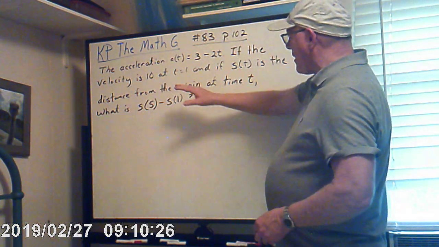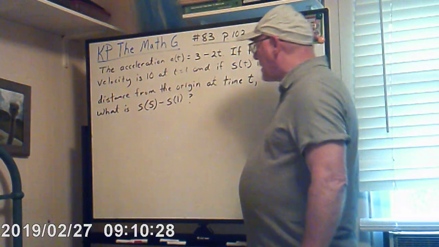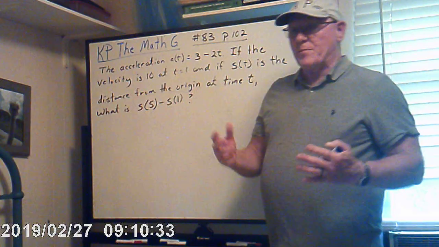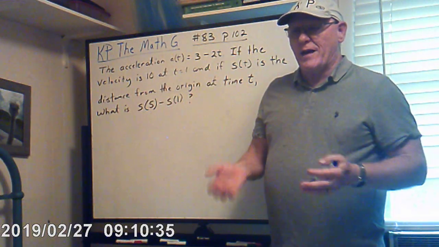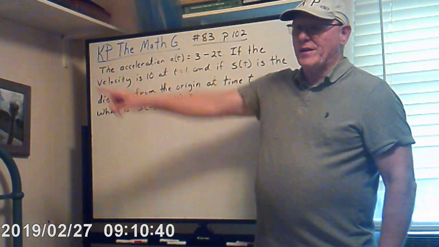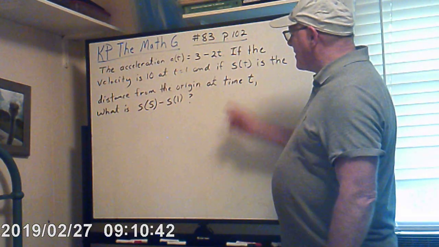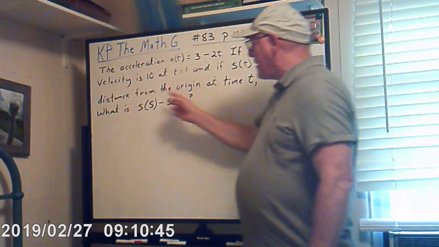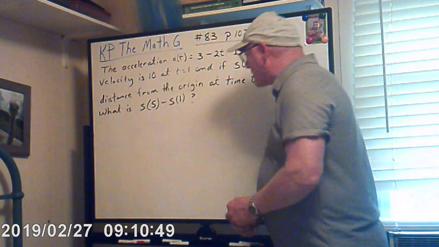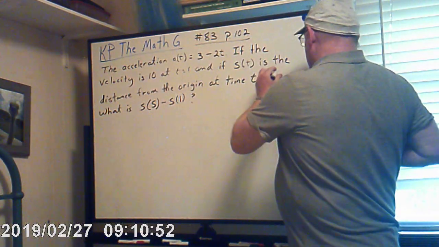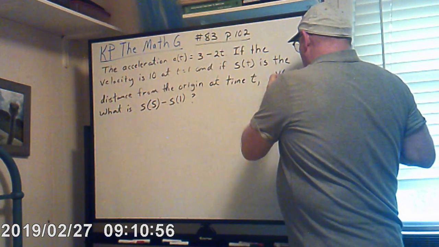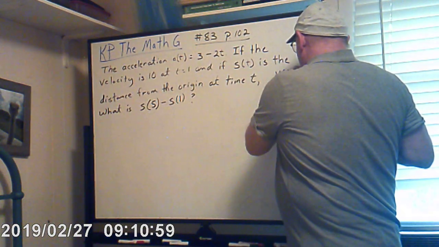It says the acceleration a at t is equal to 3 minus 2t. This is no doubt uniform motion, and probably uniform motion in a straight line. It says if the velocity is 10 at t equals 1. In other words, what they're saying is v at 1 is equal to 10.